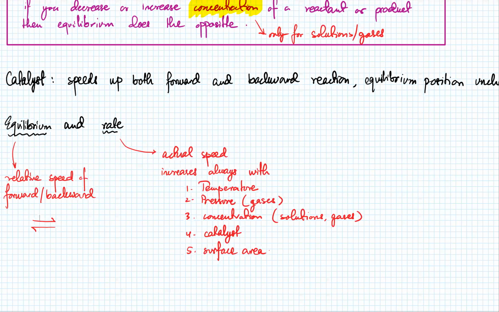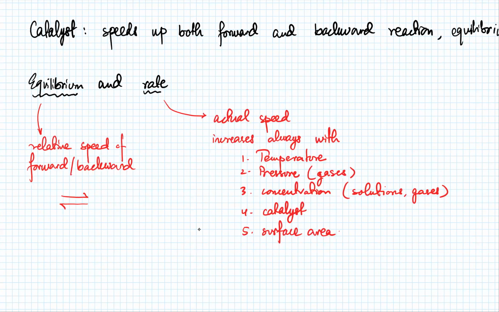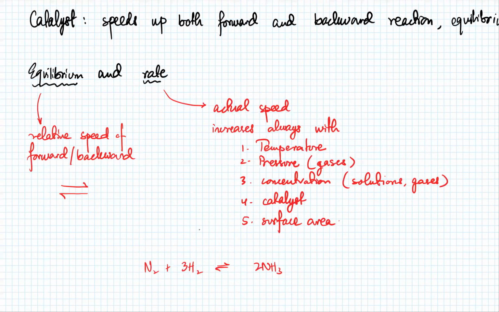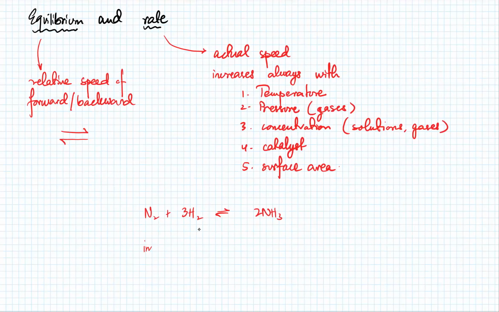Yes, sir. Let me make one more comment on this. Let's say I increase pressure. So what is the rule? The side with fewer gas moles is favored, right? Which is in this case forward, right?